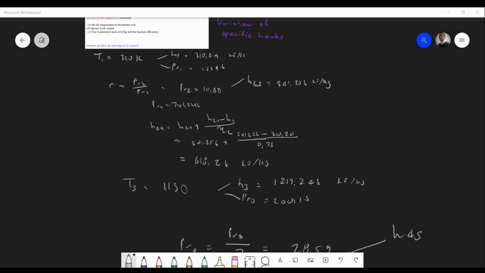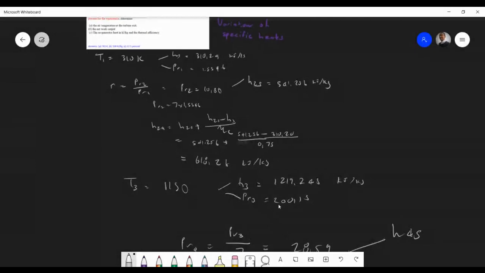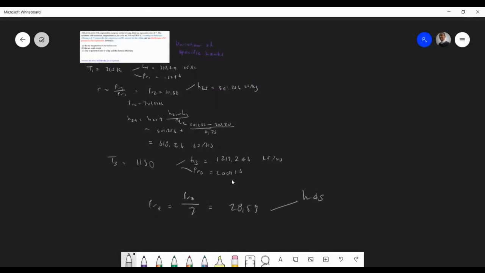So I'm assuming you got your H4S value. It should be 711.80 kilojoules per kilogram.